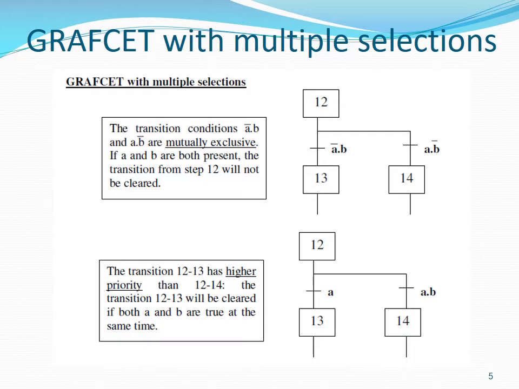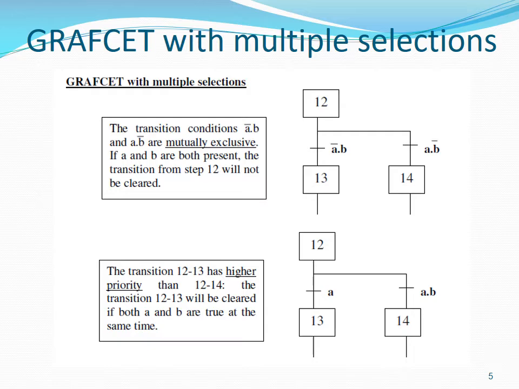Let's have a look at some types of transitions that can be found in graph sets with multiple selections. The first graph set shows a case when the transitions are mutually exclusive. No transition will occur if both conditions exist or if none of the conditions exist.